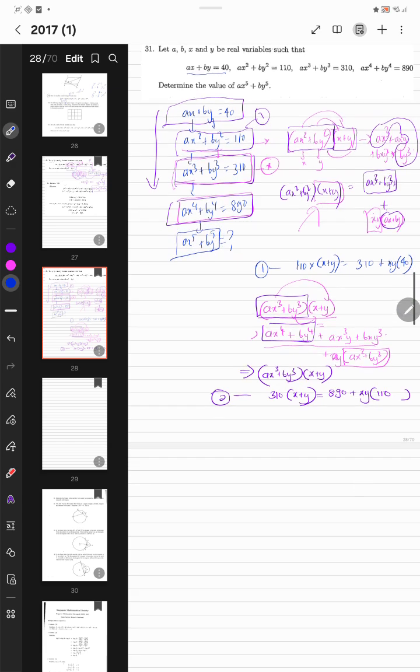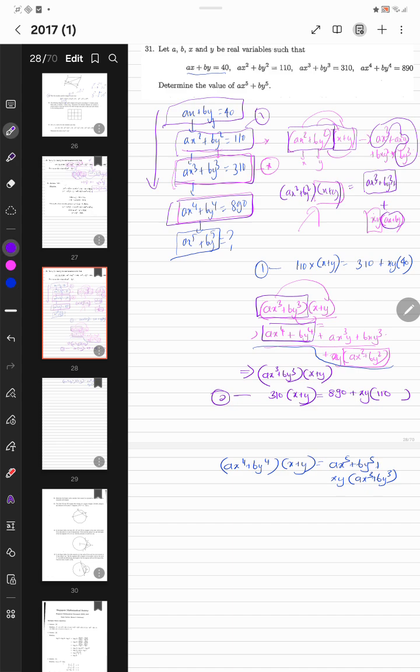Just as we have done for the previous two relationships, we can find (ax to the power of 4 plus by to the power of 4) times (x plus y) is equal to ax to the power of 5 plus by to the power of 5, raising one power up, plus xy times (ax cubed plus by cubed).